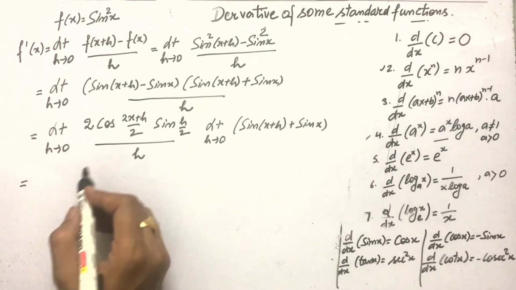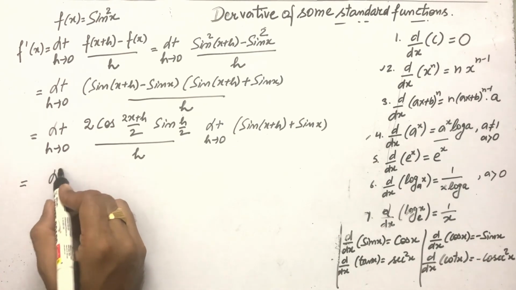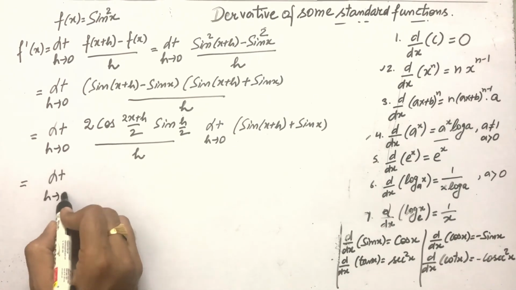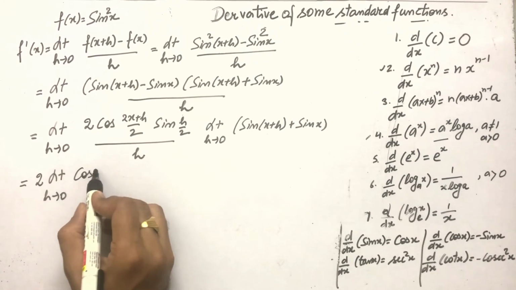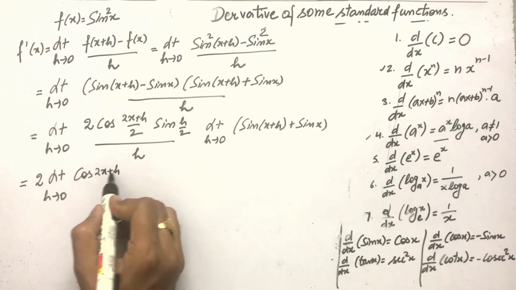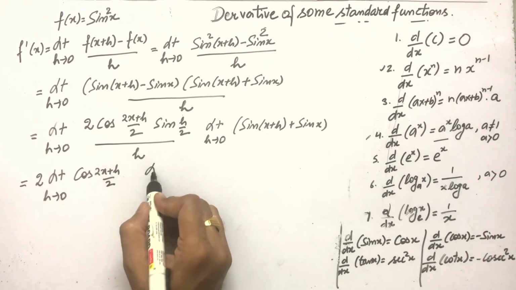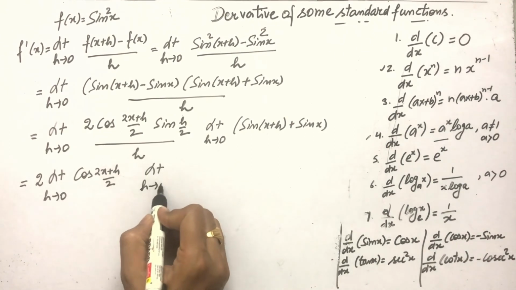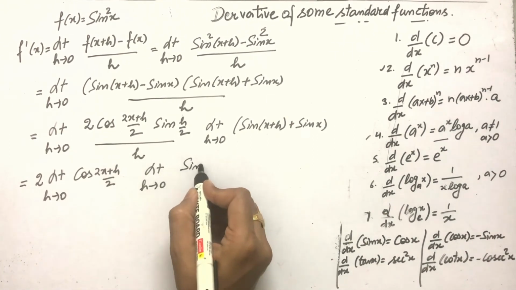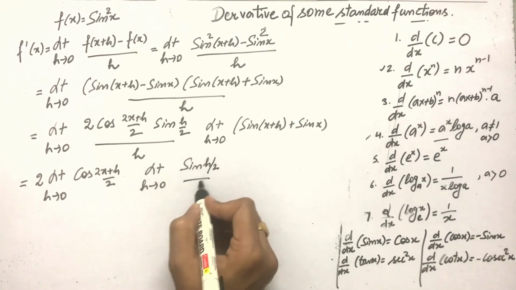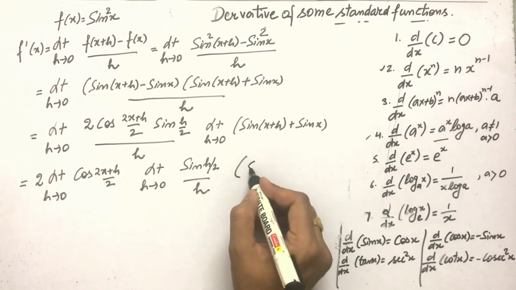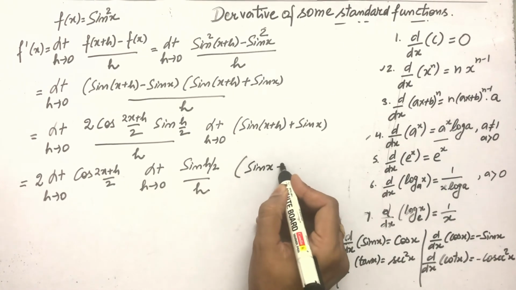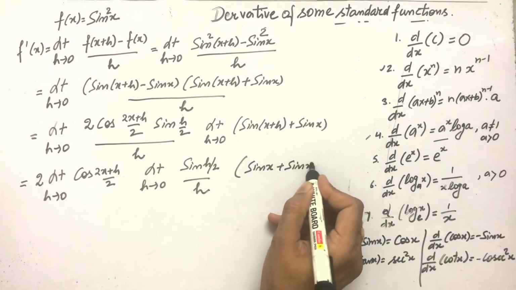And further, this may be written as limit h tends to 0, 2 may be written outside, cos (2x plus h)/2, and limit h tends to 0, sine (h by 2) by h, and putting h 0 here, so it becomes sine x plus sine x.